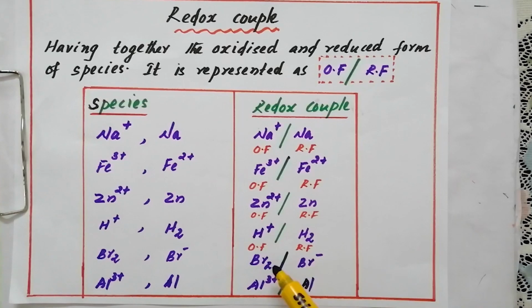So Br2 is the oxidized form and Br minus is the reduced form. And finally we have Al3 plus and Al. Al3 plus is the oxidized form and Al is the reduced form. Hence the redox couple is represented as Al3 plus / Al. A redox couple is also called half cell.